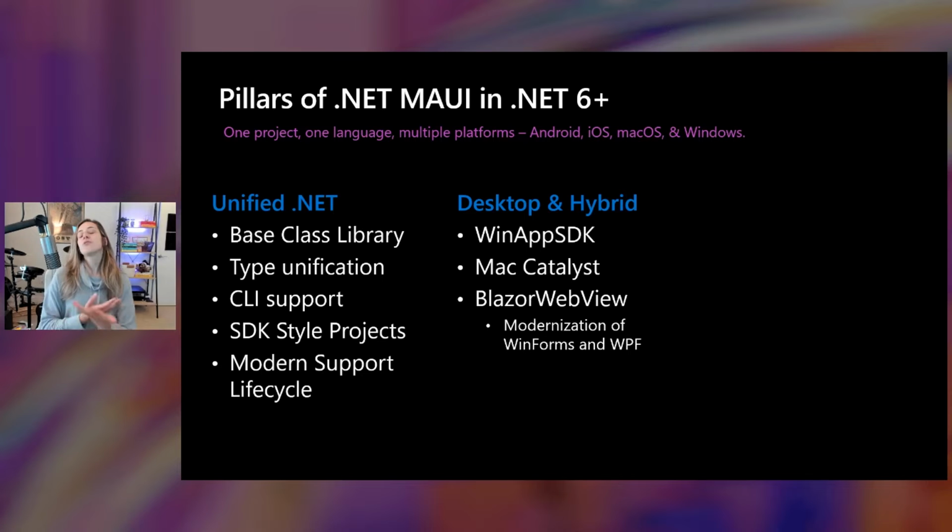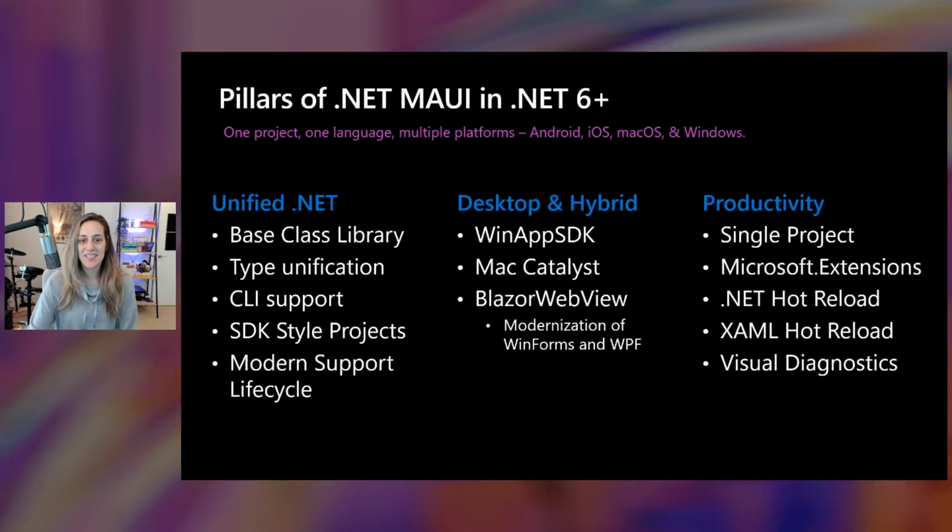So you can build fully native desktop apps for both of those platforms, whether you want to use XAML and C# and write it all native from the get-go, or if you want to take your web app and put it into the .NET MAUI app to run it natively. And of course, one thing we love talking about on the .NET team is just how productive you are with .NET.